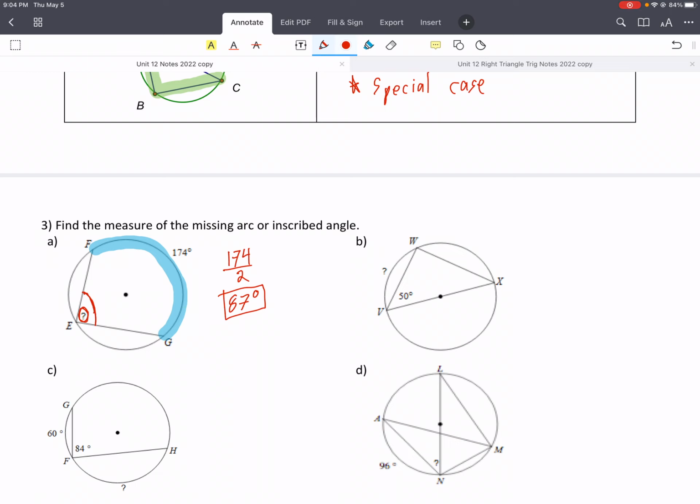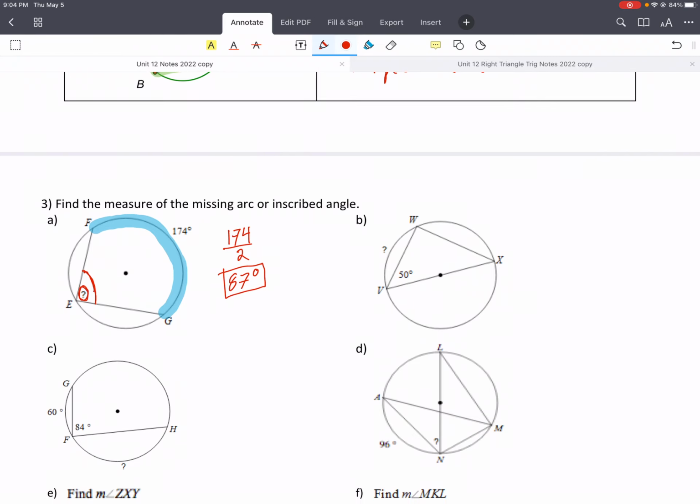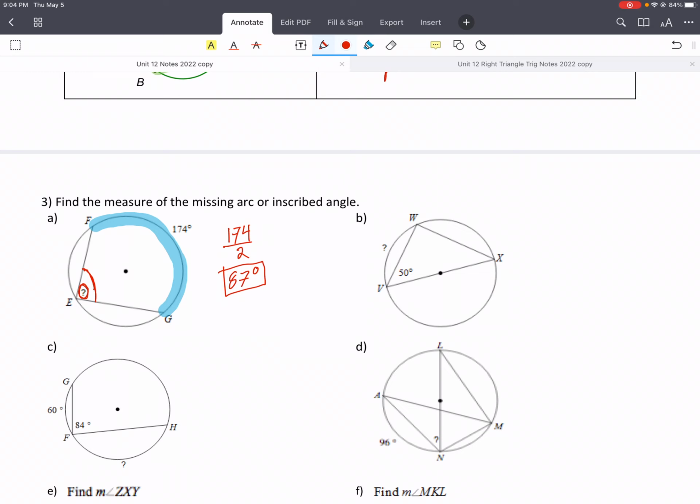Now for this one, we kind of got to go chasing our degrees here. We're chasing our arc. So we want to find this arc right there.